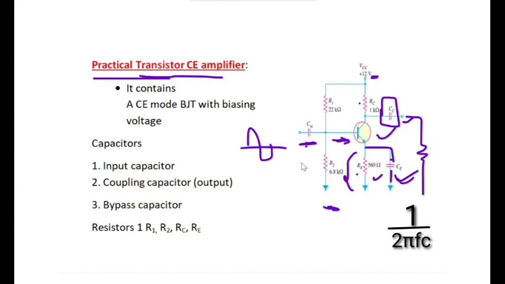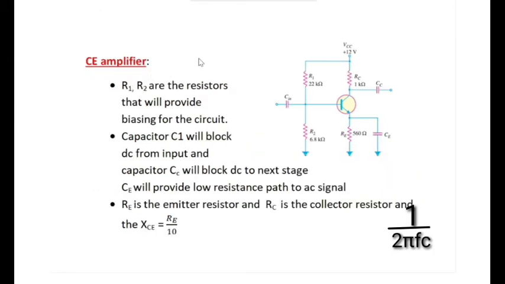As we know, capacitive reactance is 1 by 2 pi fC. For an AC signal, the capacitor will provide a low reactance path. This is the CE amplifier, and we have already seen that R1 and R2 are the resistors which provide biasing from the voltage source, making this circuit a voltage divider biasing circuit, and capacitor C1 will block the DC from the input.